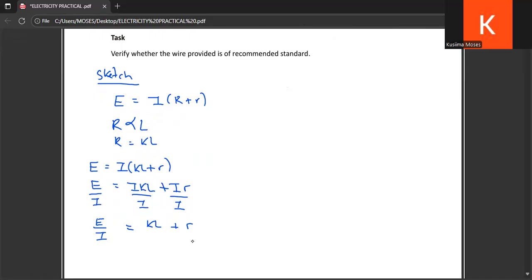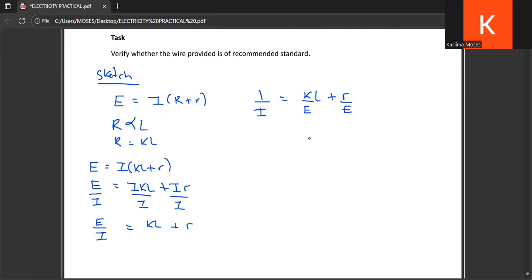In this case, we can divide by E so that we come up with 1 over I equals K over E times L, plus r divided by E, where E is the EMF of the dry cell, I is the current flowing in the circuit, L is the length of the wire, and small r is the internal resistance.